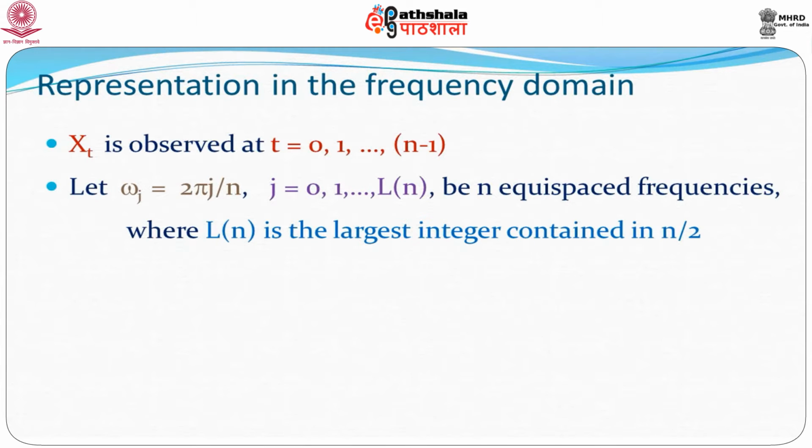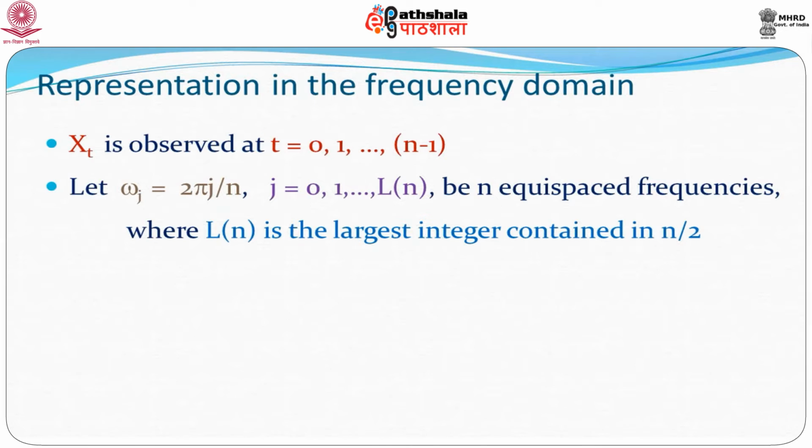As you can see, the first one is 0, then 2 pi 1 by n, then 2 pi 2 by n, and you go on subsequently. So, they are equispaced frequencies.